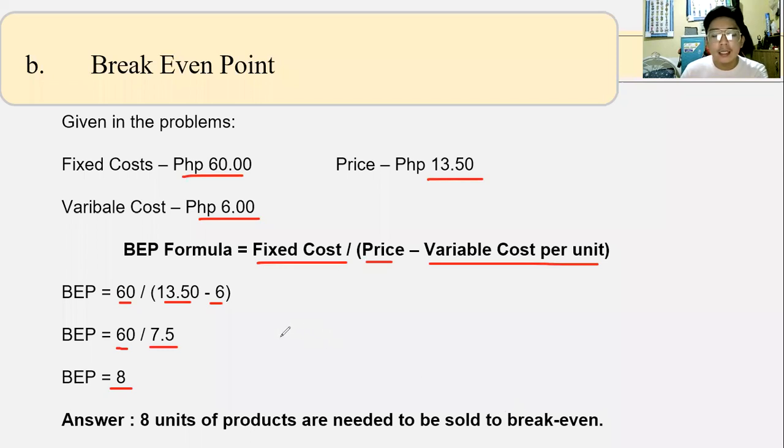The company must produce 8 units so that they would face no gain and no loss. So it is the optimal solution that they could have, the 8 units. Producing more than 8 units, like 9 or higher, would get them a profit.